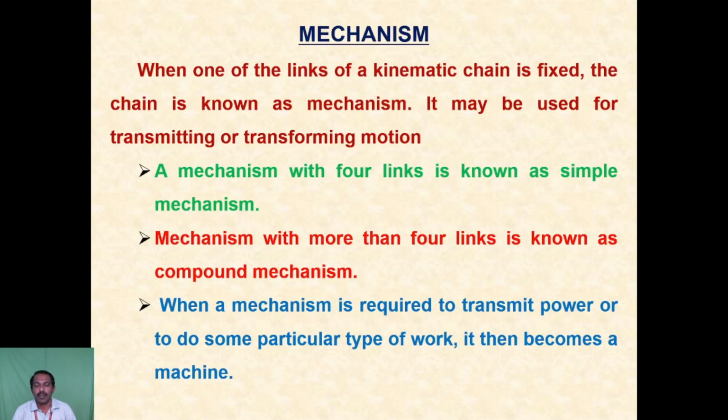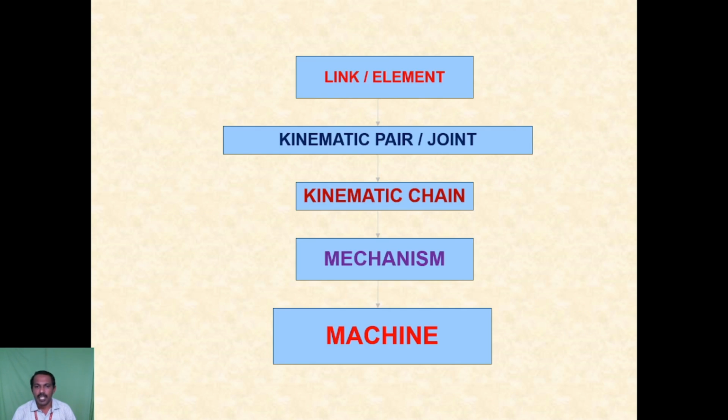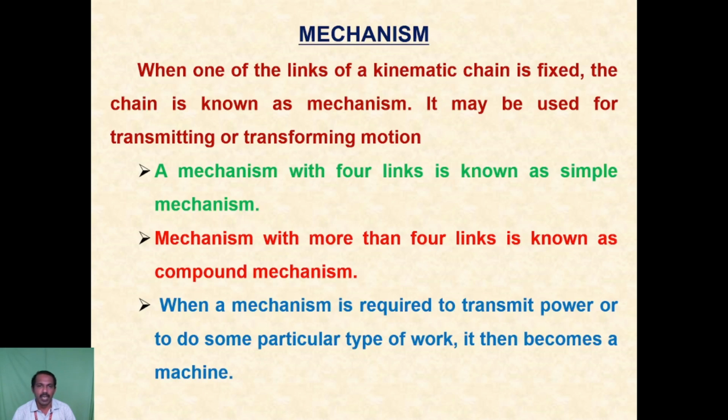Mechanism is a very good topic. When one of the links of a kinematic chain is fixed, the chain is known as a mechanism. Kinematic chain, as already told, means the last link is connected to the first link to transmit power or energy. Next, mechanism.